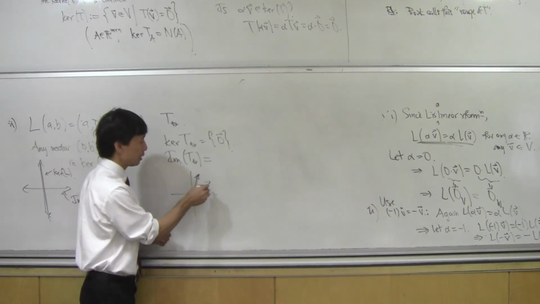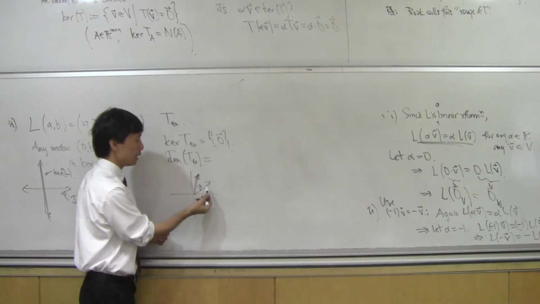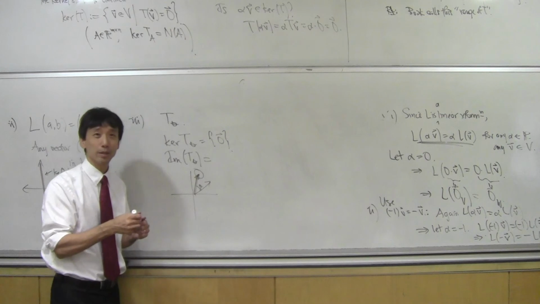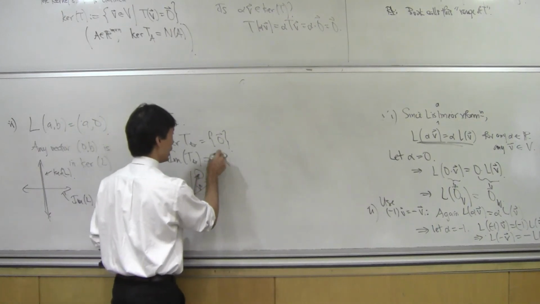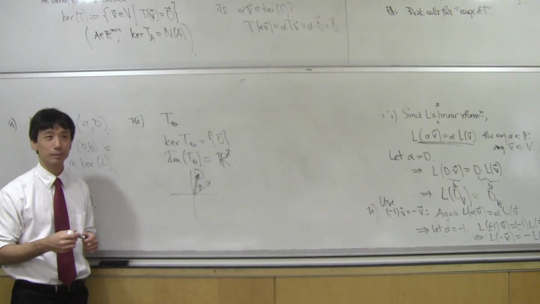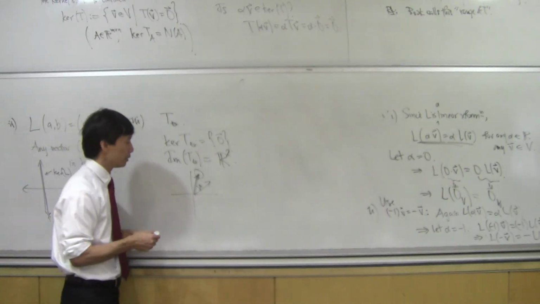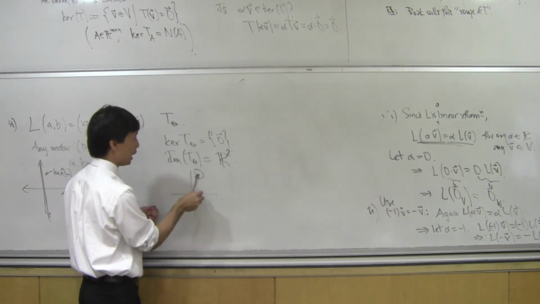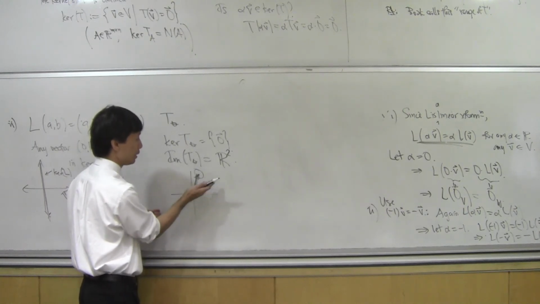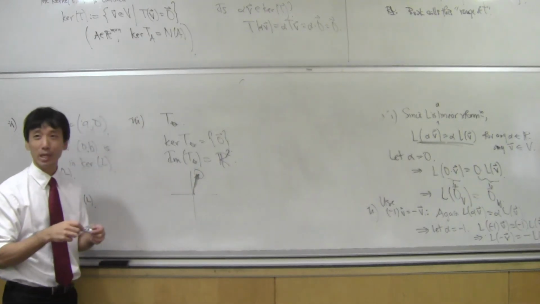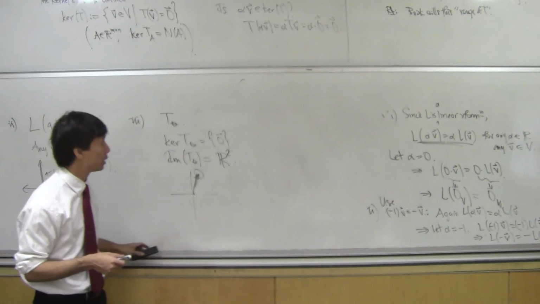Because if I rotate this guy theta degrees this way, then T theta of that will be this thing. So I can get any vector in R2 as an output. If I want this guy as an output, I just rotate it this way, and then T theta will rotate it back, and that'll give me back what I got when I started. Okay.